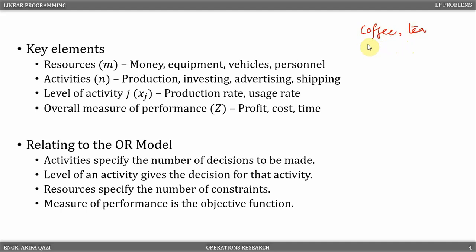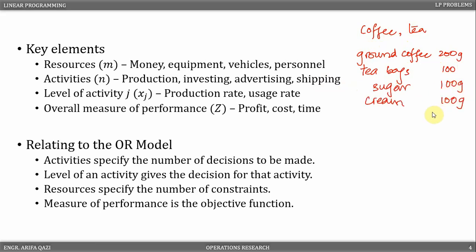Now, this is a hypothetical example, so I'm not going to be exhaustive. But just to give you an idea, let's consider some basic resources, such as ground coffee. So let's say I bring about 200 grams of ground coffee, 100 tea bags, 100 grams of sugar, 100 grams of cream, and 5 liters of water.